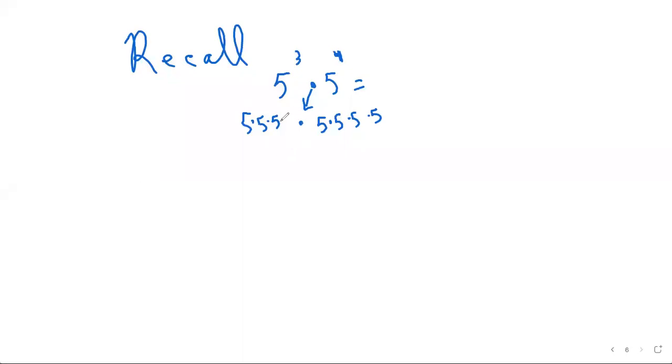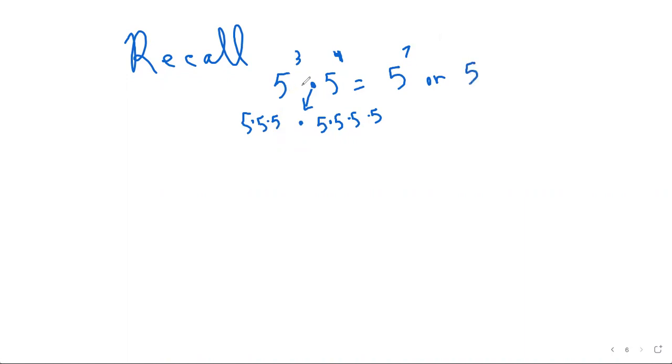Well, if I didn't put such a huge space between the dots, all we would see is a bunch of 5s timesing. So it looks like we have 3 of them here and 4 more of them, and all they're doing is timesing. So what we can maybe say is, well, I guess this is 5 to the 7, right?